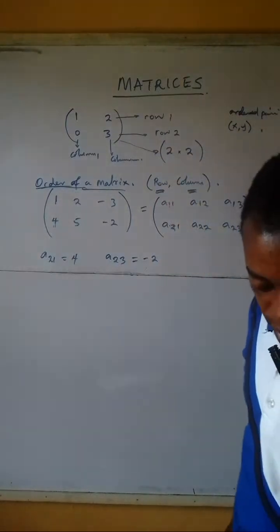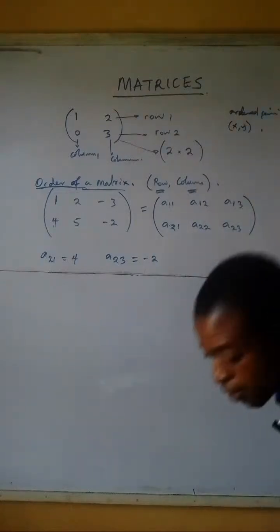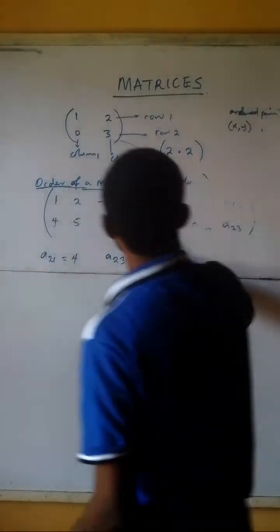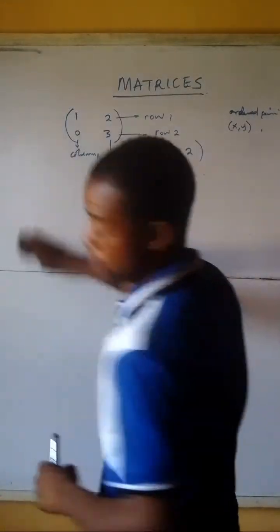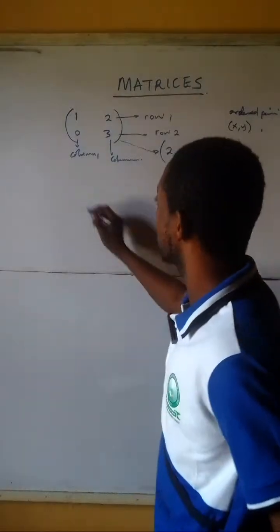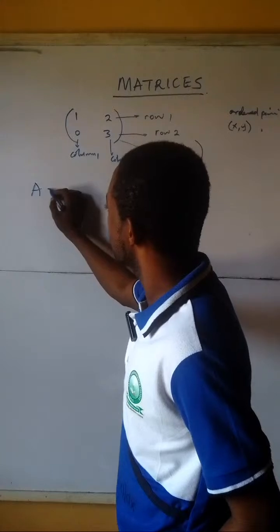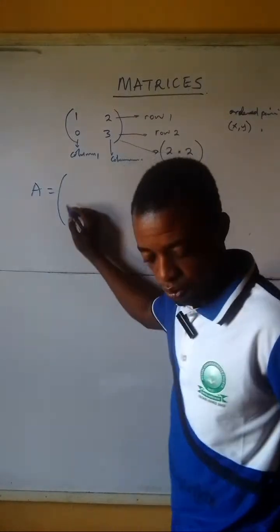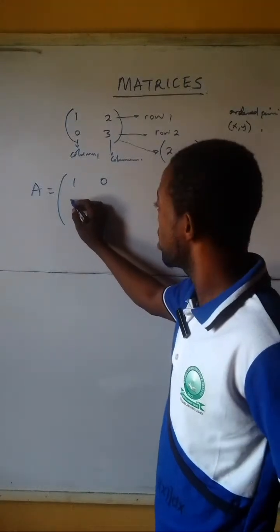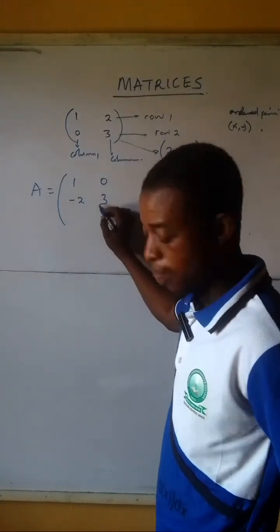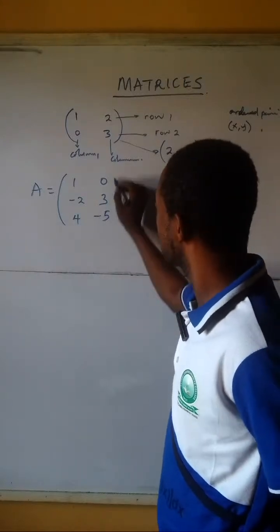And then how to identify the element in the corresponding position. Now, for instance, let's look at these two matrices given here, and we write out the elements from there. We have the first matrix denoted as matrix A, which equals 1, 0, minus 2, 3, then 4, minus 5.